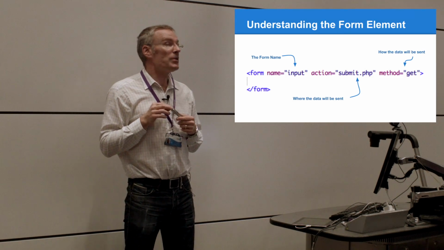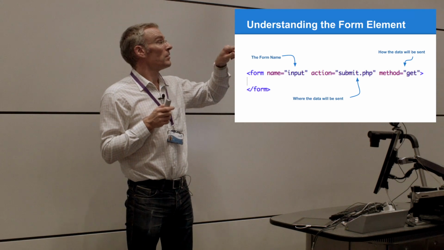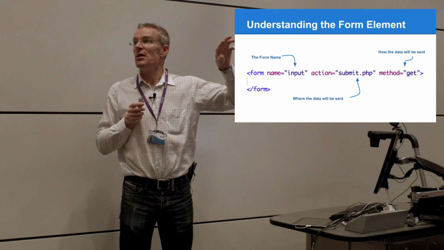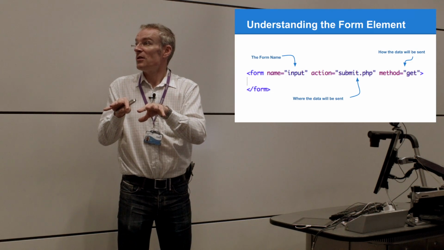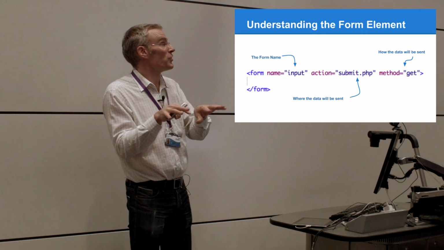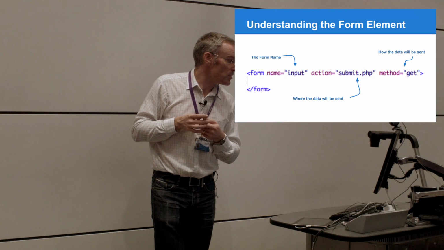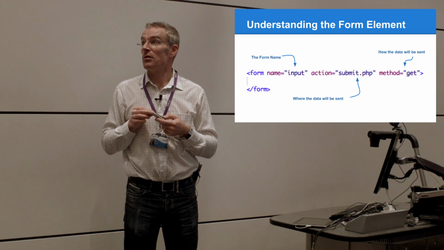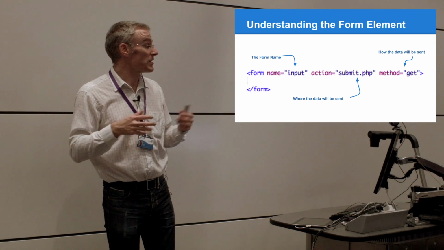If you say method equals get, it'll put all the form data in the address bar, which is okay if you've got a couple of values, but if you've got someone typing a feedback, an evaluation, which could be 100, 200, 400, 500 characters long, you don't want it in the address bar. So we're going to use method equals post to post our data through. And obviously I need to show you how we capture that post data to do something with it.